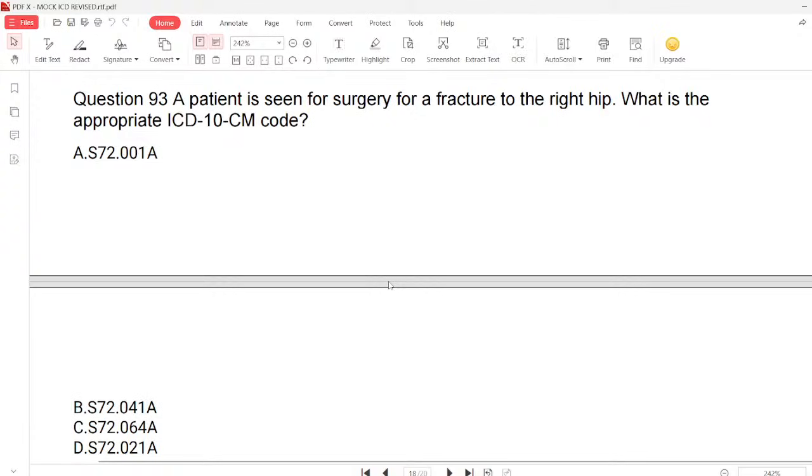Right femur is mentioned, but in our question, right hip is mentioned. Hip, not a femur. 001A is for unspecified part of the neck of right femur, initial encounter for closed fracture.